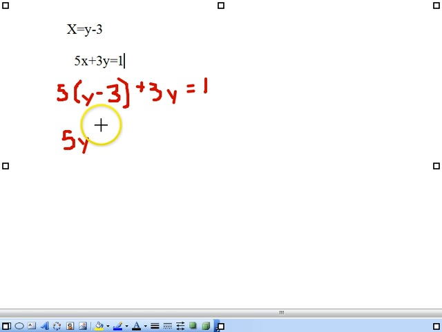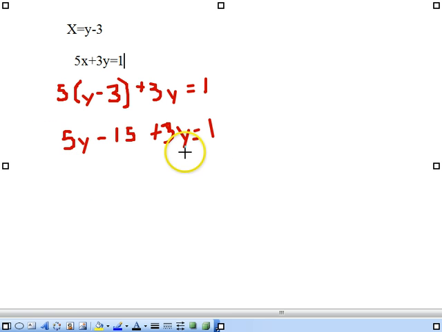And then 5 times negative 3 is negative 15. So minus 15 plus 3y equals 1.